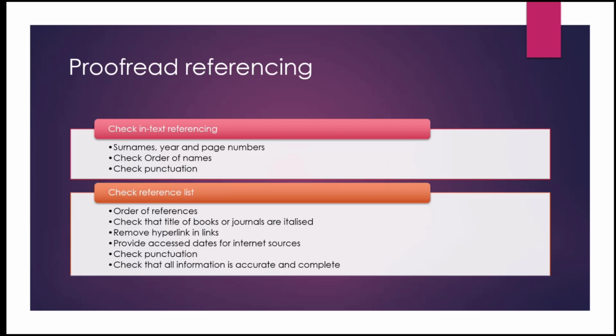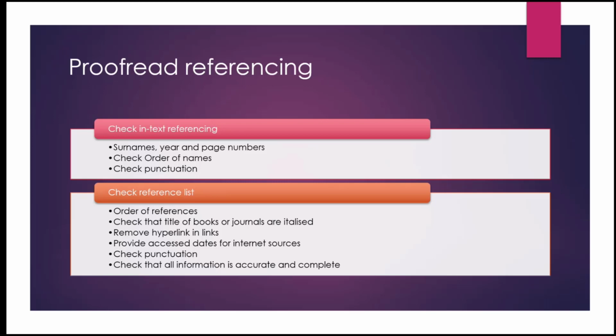You cannot proofread for referencing without having your referencing guide. So check the module that you're doing in the tutorial letter. Most often they tell you how they want you to reference in the tutorial letter. Go to the referencing guide in your tutorial letter or check with the UNISA library what reference guide UNISA uses. Grab that and follow that guide step by step.